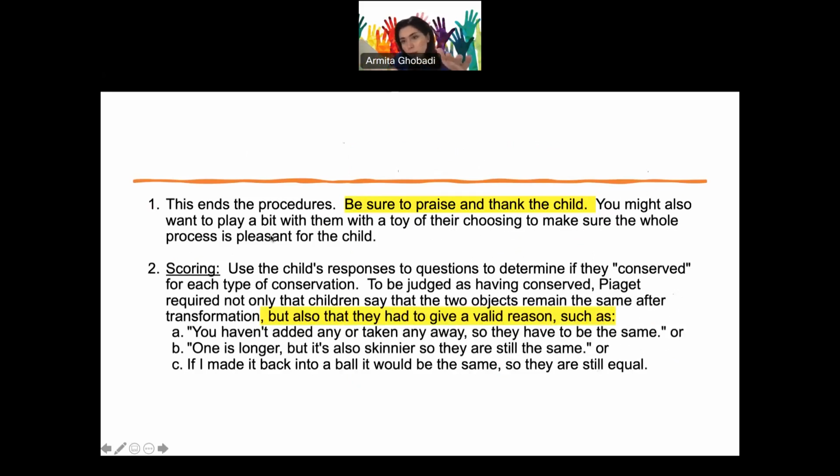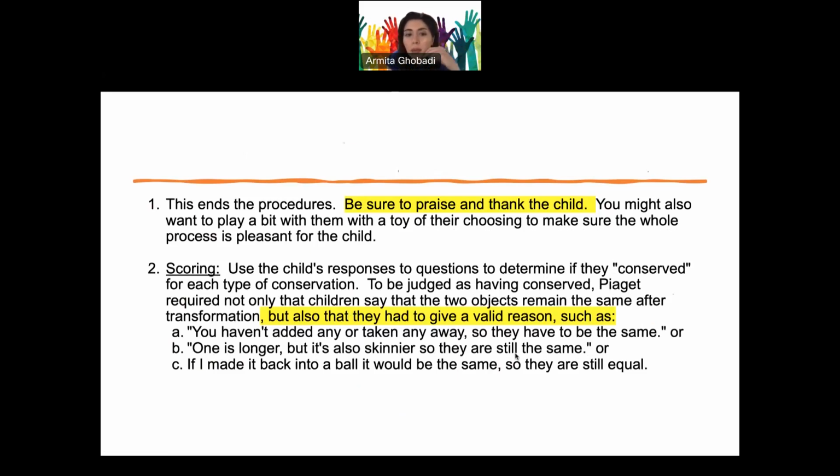After finishing the observation part, you have to score the baby or the child, or let's say participant, based on the way they address each question. For example, for the Play-Doh condition, conservation of mass, if the participant says that one is longer but it is also skinnier, so they are still the same, with that kind of rationale, they can get the score.